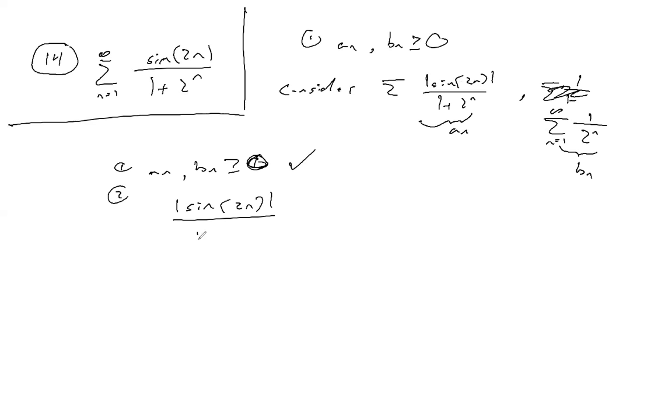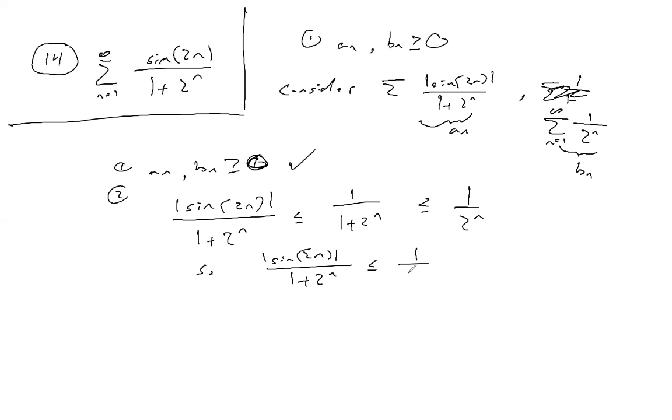I could do this in steps. I could say this is less than or equal to 1 over 1 plus 2 to the n, right? And then I could say that this is less than or equal to 1 over 2 to the n, because I'm dividing by a larger number here. So just to sum up, I could say, boom.